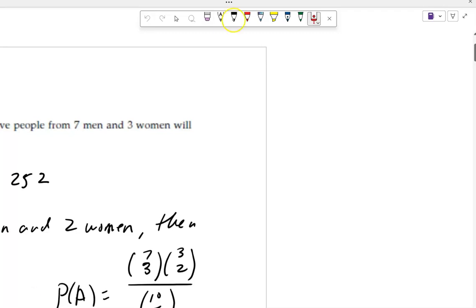So if you have a probability of a union, no matter what you know about A1, A2, or A3, if you have a probability of a union of 3 things, how can you rewrite that?